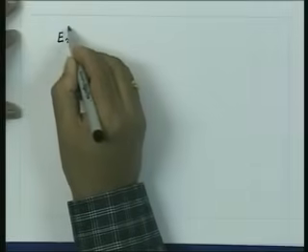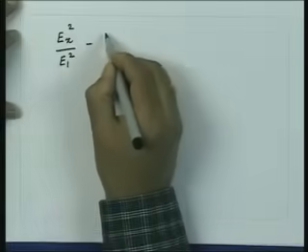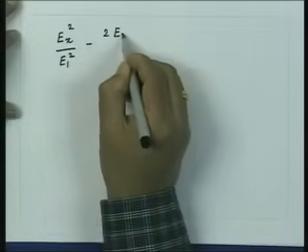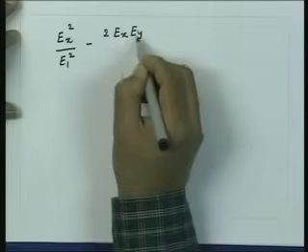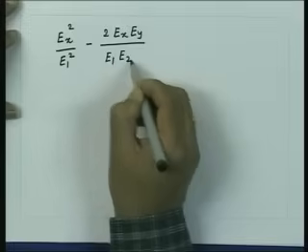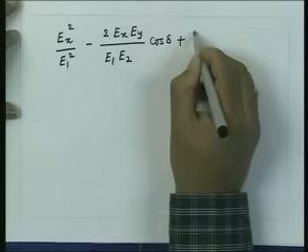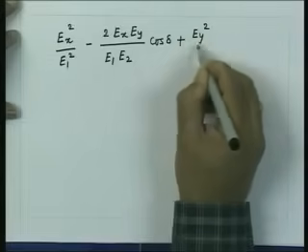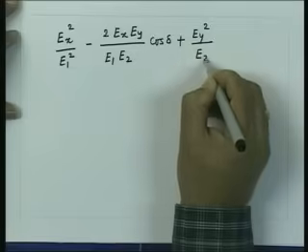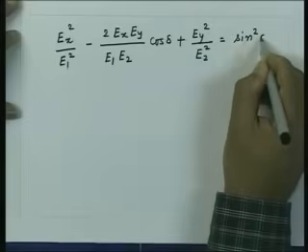So, simplifying this, finally, I get an equation which is Ex square upon E1 square minus 2 Ex Ey upon E1 E2 cosine of delta plus Ey square upon E2 square, that is equal to sine square delta.